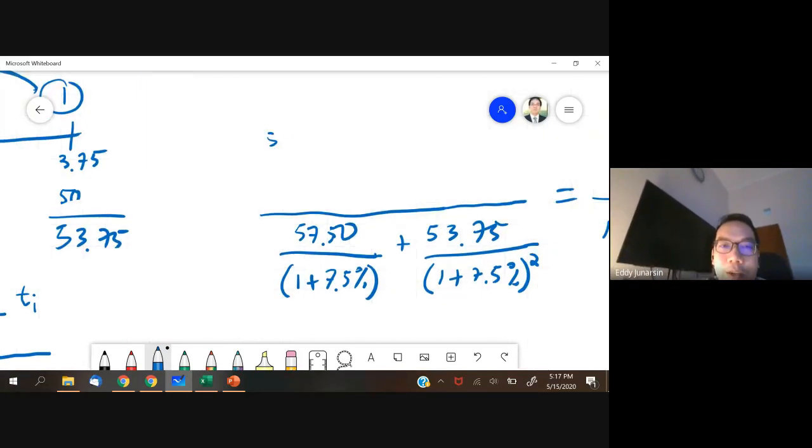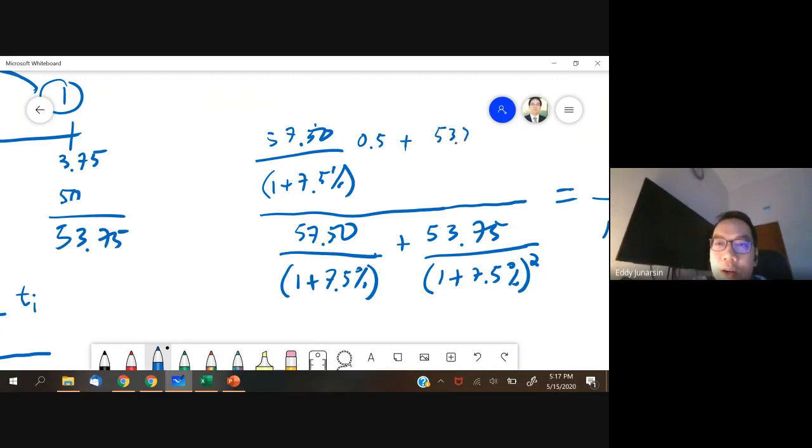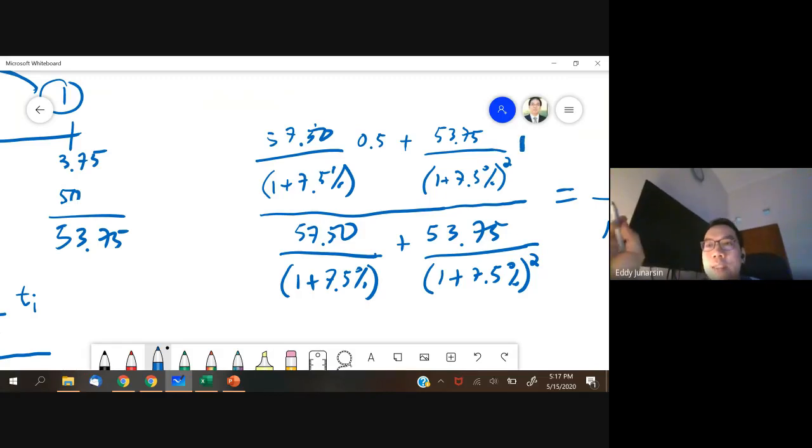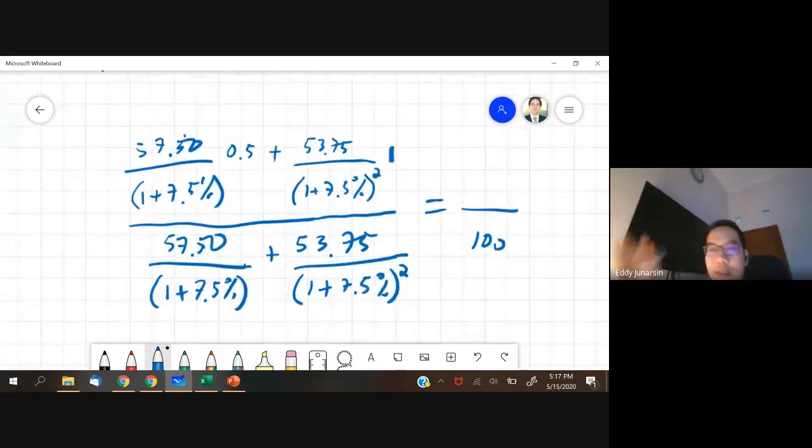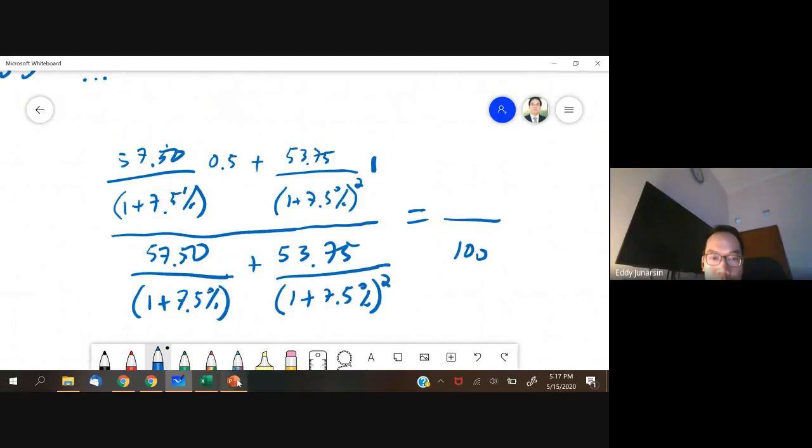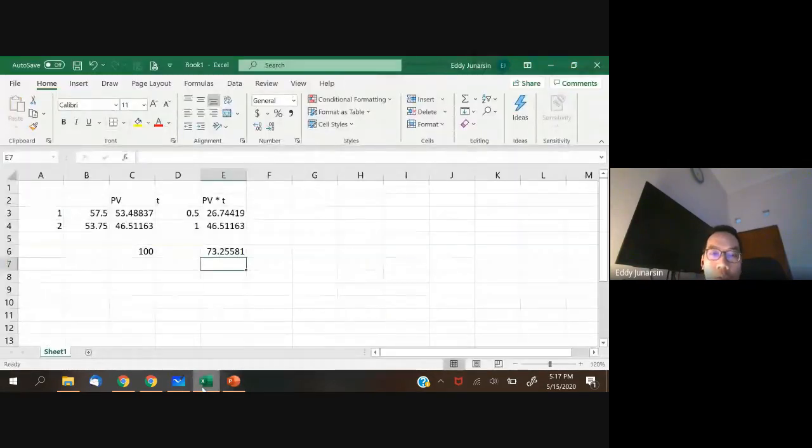So this would be 5750 divided by 1 plus 7.5% times 0.5, plus 5375 divided by 1 plus 7.5% to the power of 2 multiplied by 1. And then we get 73.25.